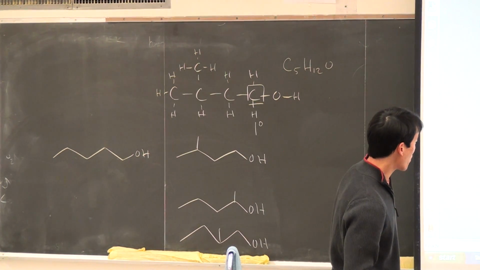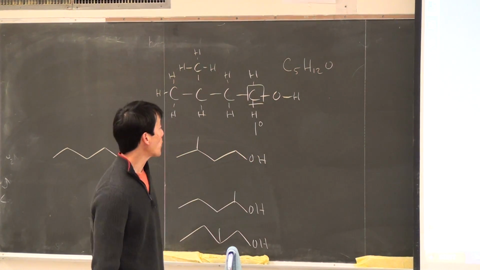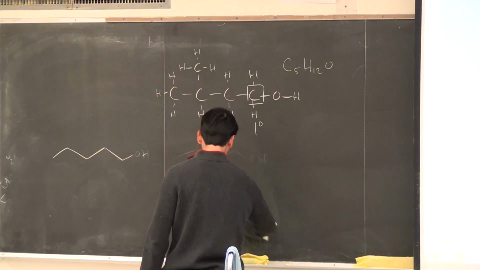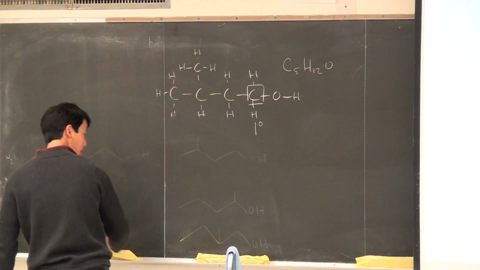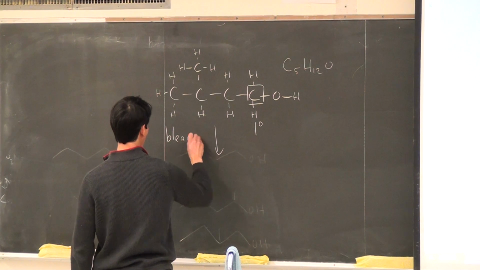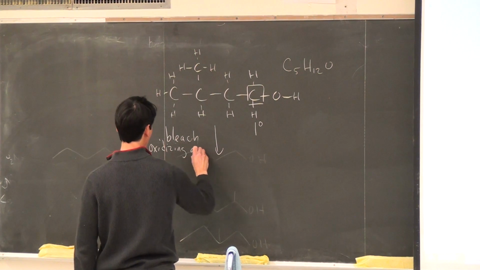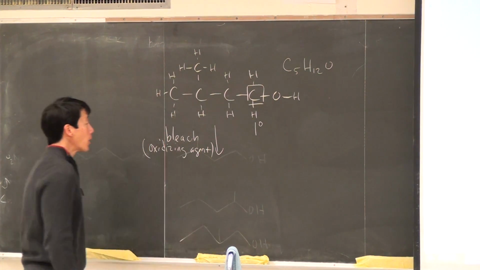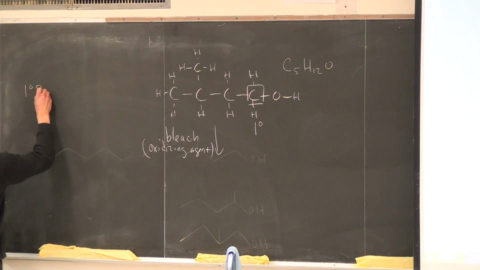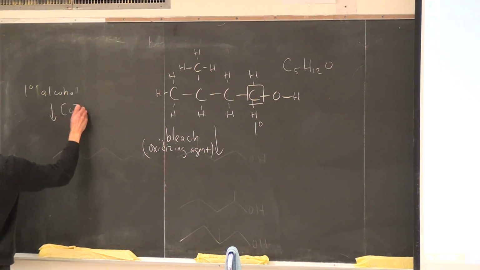And then for part C, if isoamyl alcohol is treated with bleach, draw the structure of the product of this reaction. So, what type of compound is bleach? That's an oxidizing agent. So we treat this with bleach. Okay. Now, primary alcohols are oxidized to what compound?